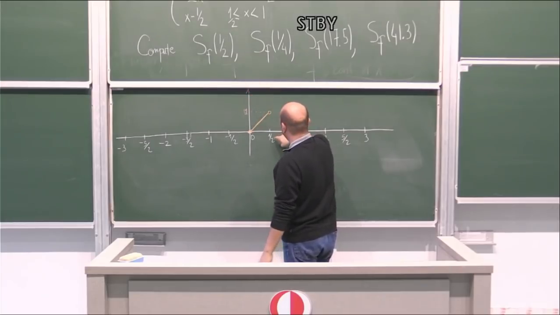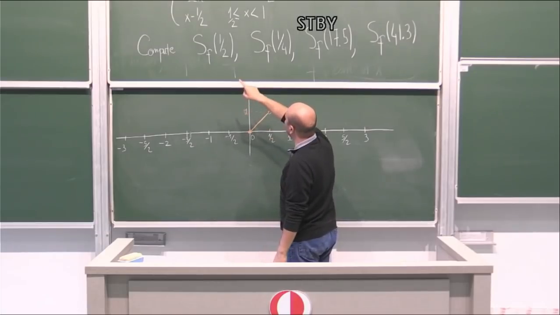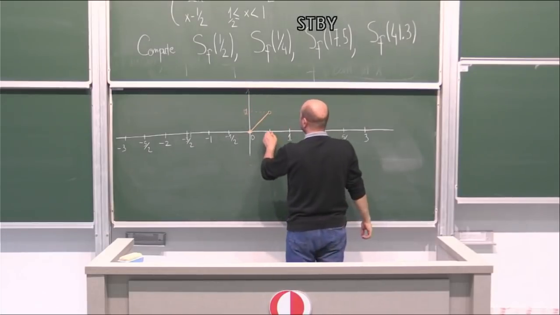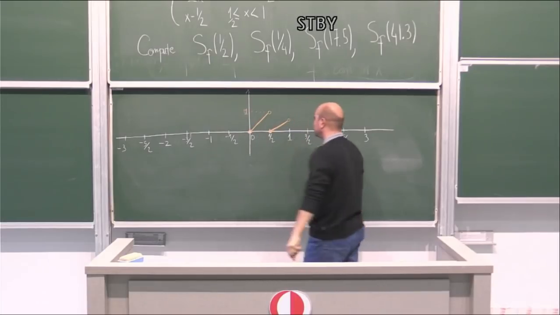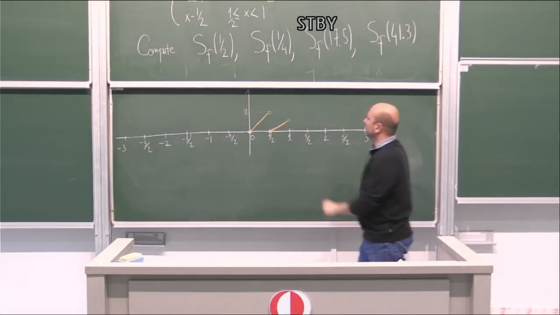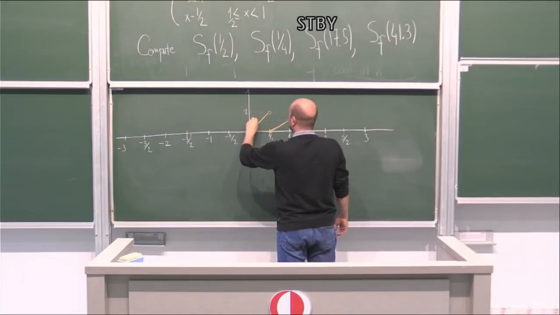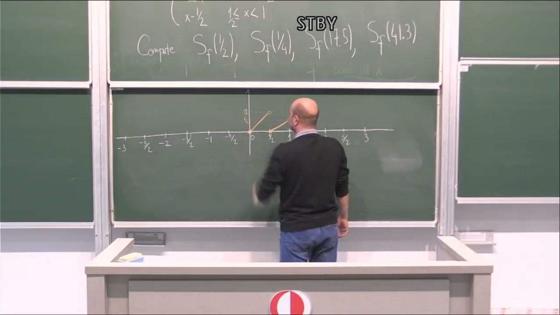If you plug in 1 over 2, you get 0. If you plug in 1, you get 1 over 2. So we have this point, and this value is 1 over 2.